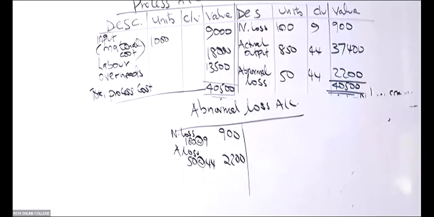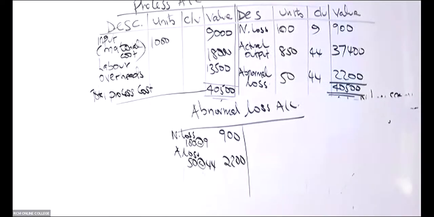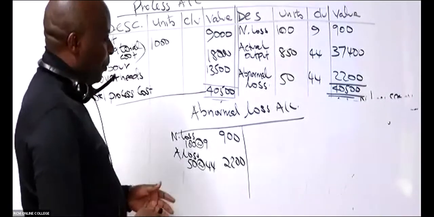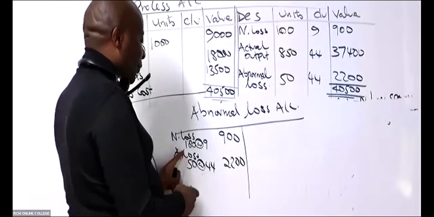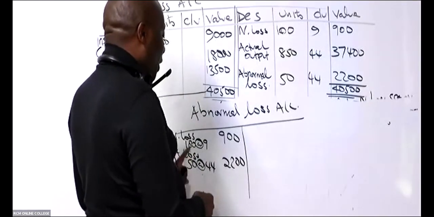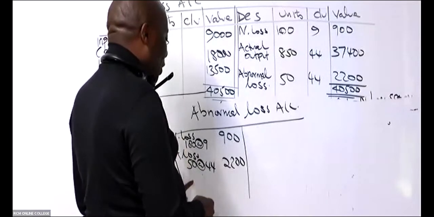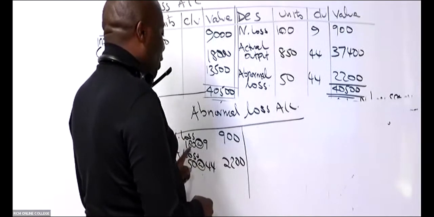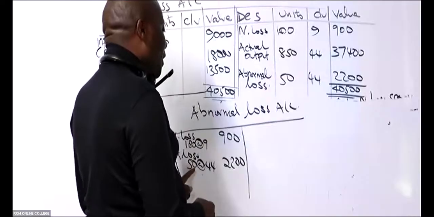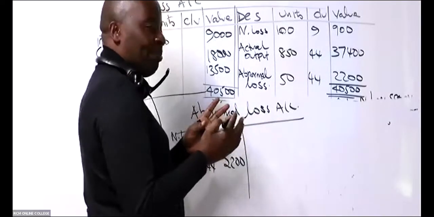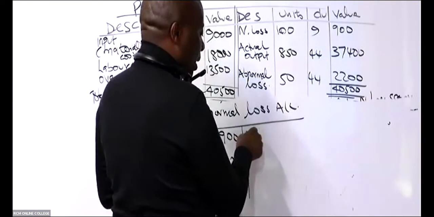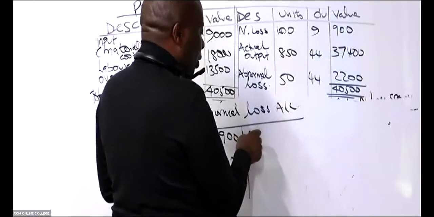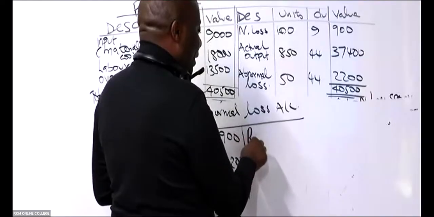Now, ladies and gentlemen, please listen. How many units do we have representing the loss? Total loss will be 150. These total loss units, we shall scrap them. We sell them and we receive money through the bank. So we debit the bank account, and we credit this account by saying bank.